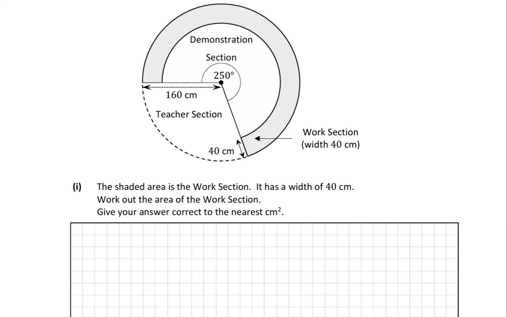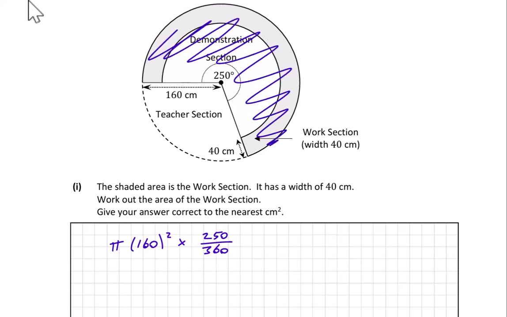The area of a circle is pi r squared, so it's going to be pi times the radius, in this case 160, which we've got to square. That would be the area of the complete circle. I don't want the complete circle, I want a fraction of that. So what fraction do I need? I need 250, that's the angle, over 360. That's the fraction of the entire circle that I need. So that'll give me the area of the entire sector there.